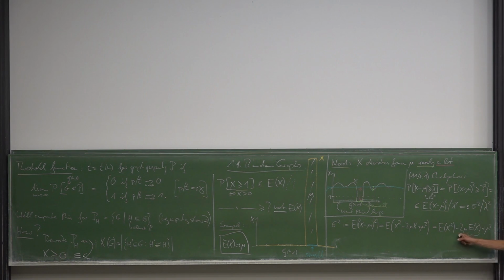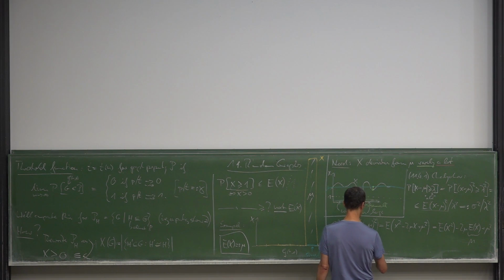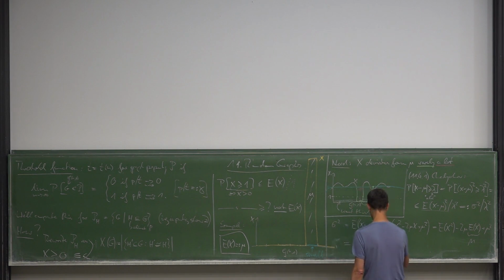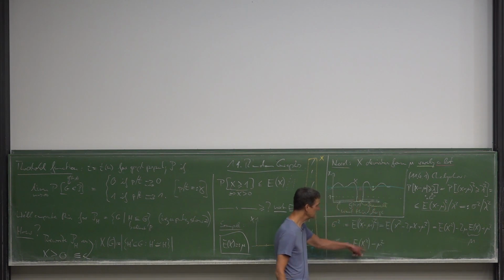So we have minus 2 mu squared plus mu squared. So that is the same as E of x squared minus mu squared.